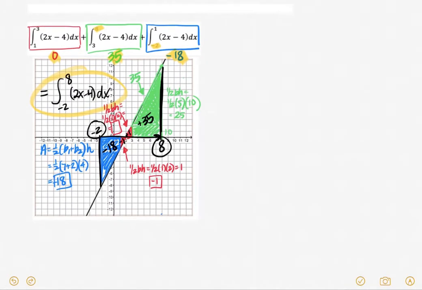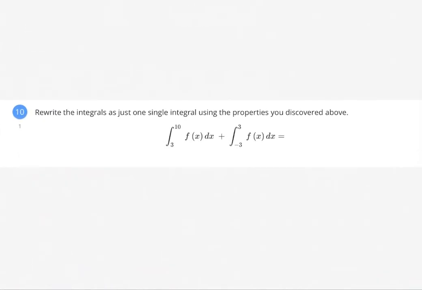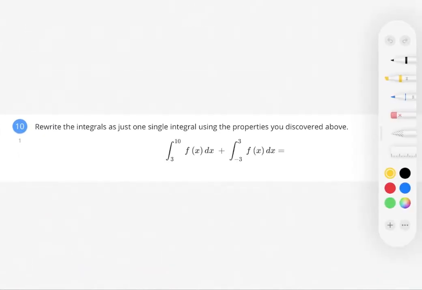With that in mind, let's explore number 10 and number 11. So looking at number 10 here, we are told that we have this one integral from 3 to 10 of this unknown function. And this same function we know from negative 3 to 3. So I want to think of this just on the x-axis. Let's say we got something crazy going on here.